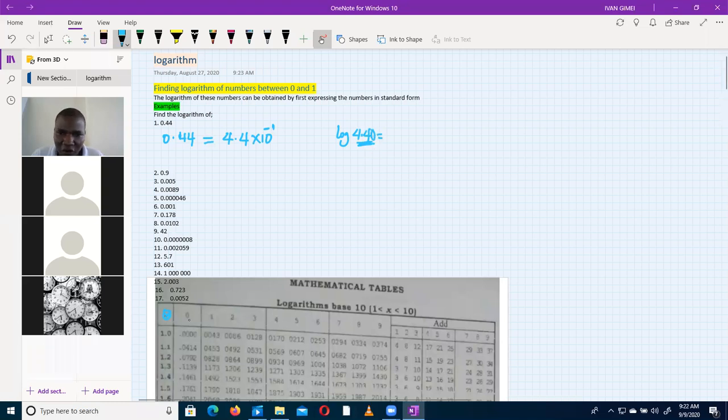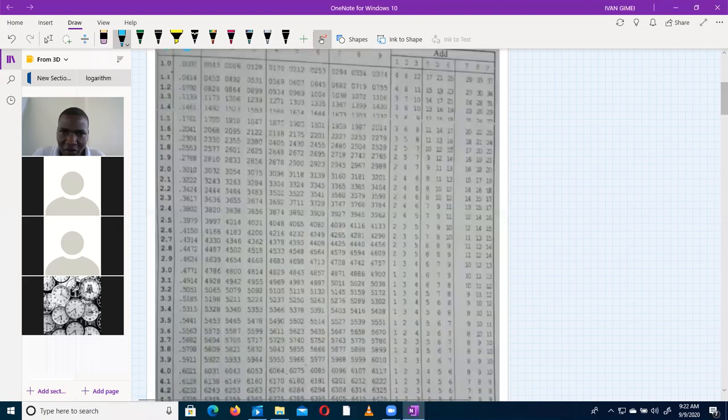So then I move in the first column. Where is 0? 0 is here. I also move downwards till where I find where the 2 coincide, the 4.4 and where this 0 coincides with the 4.4.